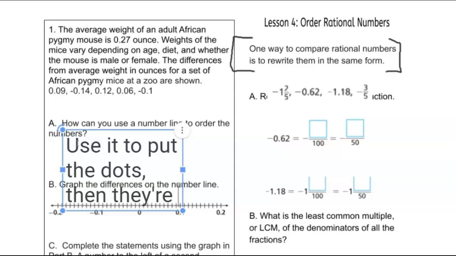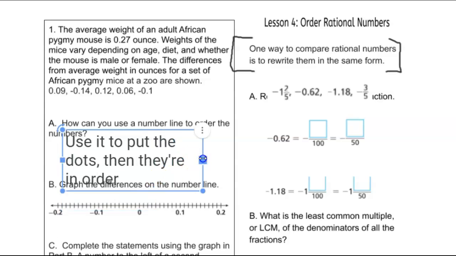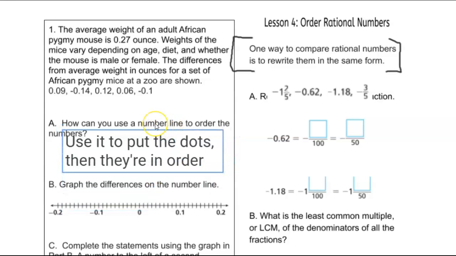I'll make that smaller because it's everywhere. There we go. So we put the dots on there. We can use it, and it puts them in order from least to greatest for us. We're going to change it over and put the numbers on the number line.